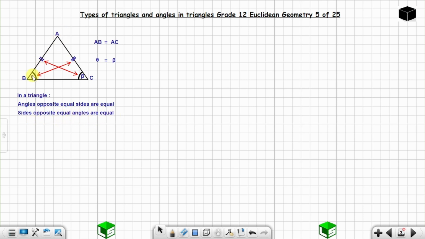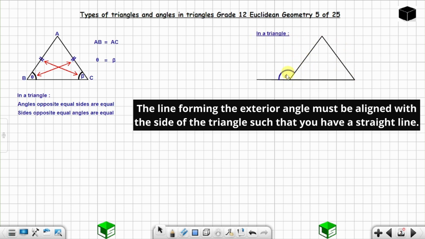Okay, sides opposite equal angles are also equal. And again, in a triangle, you have an exterior angle. This exterior angle is equal to the two interior opposite angles.